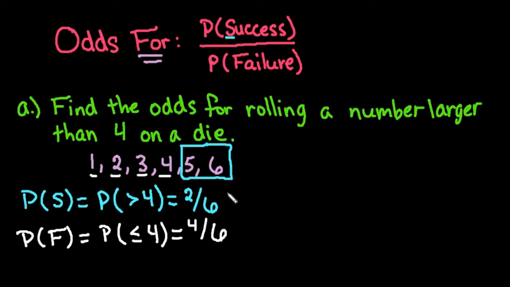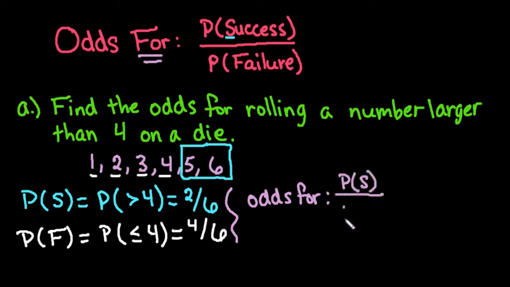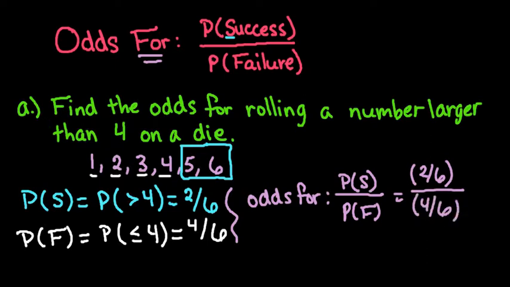Because it asked for the odds for, we would use the formula, the probability of success over the probability of failure. So we take our probability of success and divide it by our probability of failure. We would put 2 over 6 over 4 out of 6. Because the denominators are both the same, for the complex fraction, these 6's will end up canceling each other out.